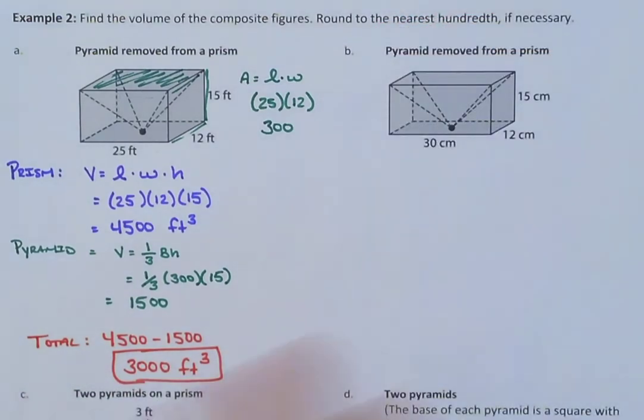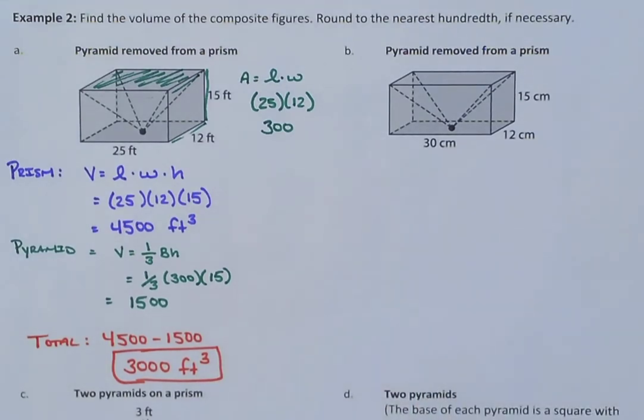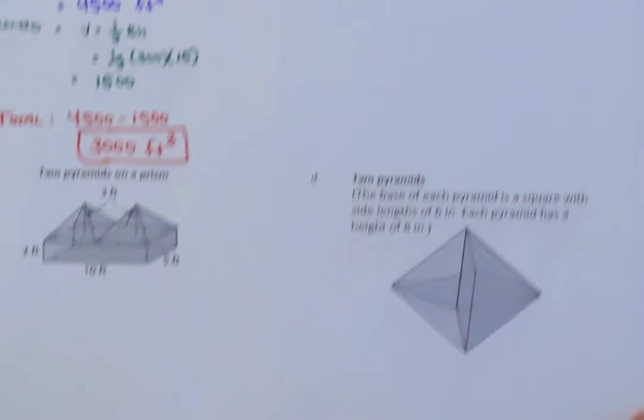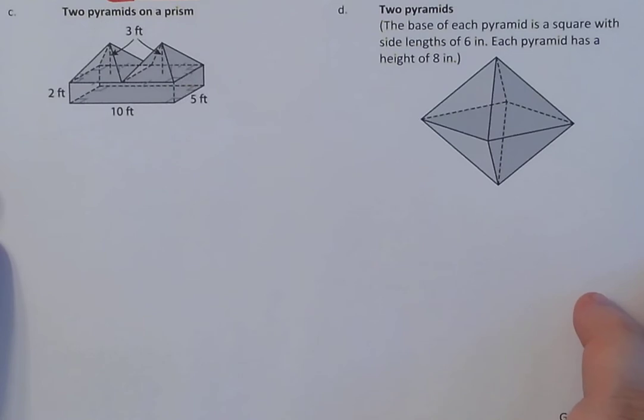So that is how you find the volume of a composite figure when you're removing a shape from it. And that is the same thing you would do for part B. Next, let's take a look at C to finish off our notes for today. For C, we have two pyramids on a prism.